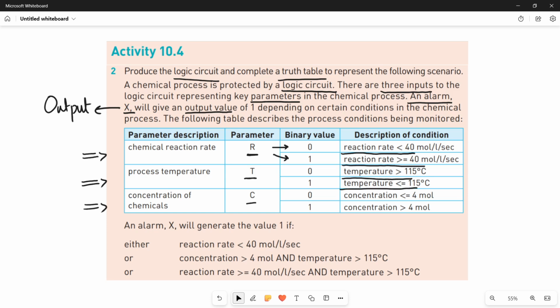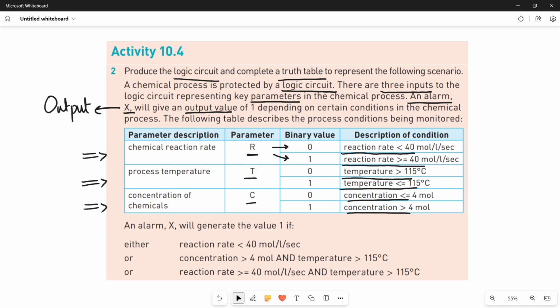For concentration, if C is 0, it means concentration is less than or equal to 4, and if it is 1, it means concentration is greater than 4. So the values of R, T, and C are specifying some condition.